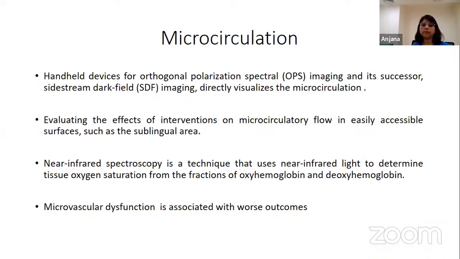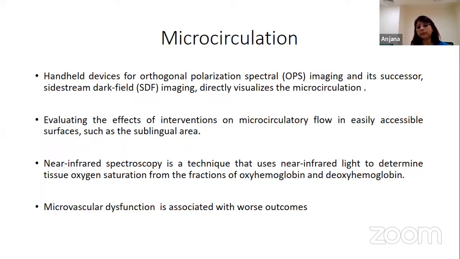So this one slide I've added on the microcirculation. These things are not available actually in every center. So you can have handheld devices for orthogonal polarization spectral imaging and sidestream dark field imaging, where you can visualize the microcirculation. You can see the flow in the sublingual area.